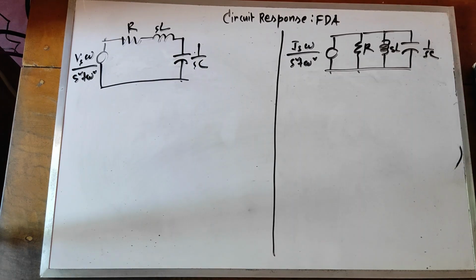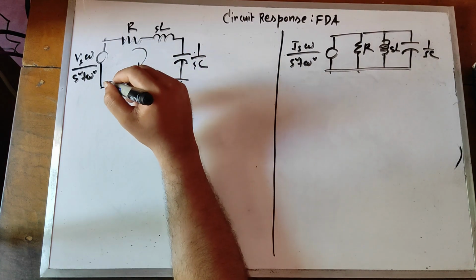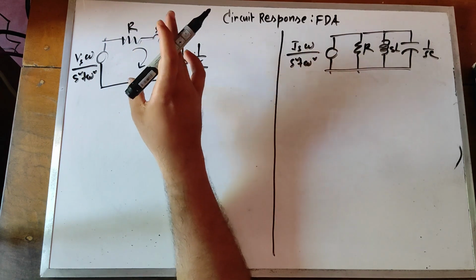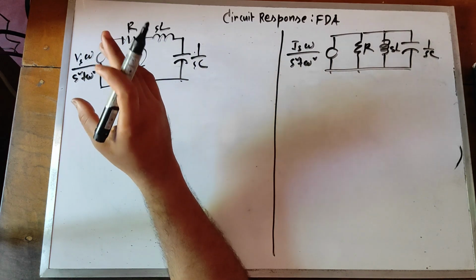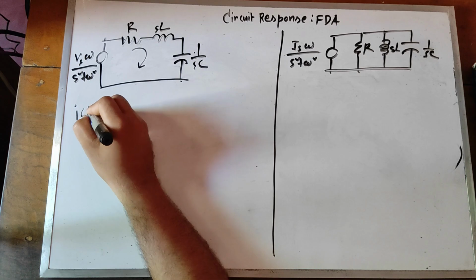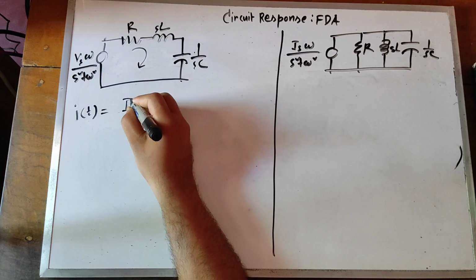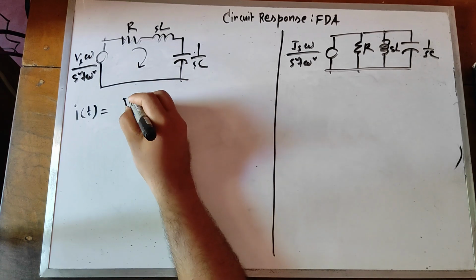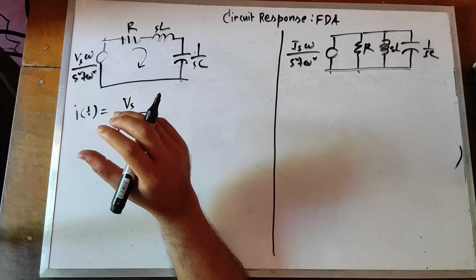So in the frequency domain, the complex s domain, the circuit response for the series RLC circuit for the sinusoidal voltage is current, which in time domain we have found equals the magnitude, sorry, the magnitude by, so this is the steady state response.